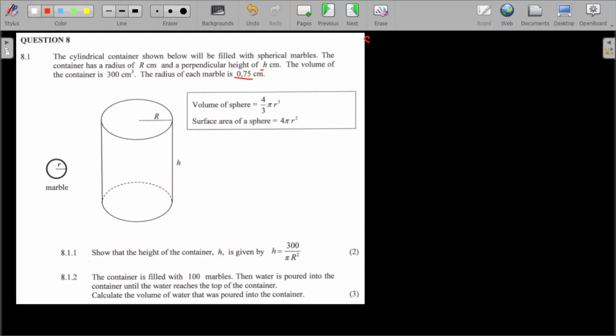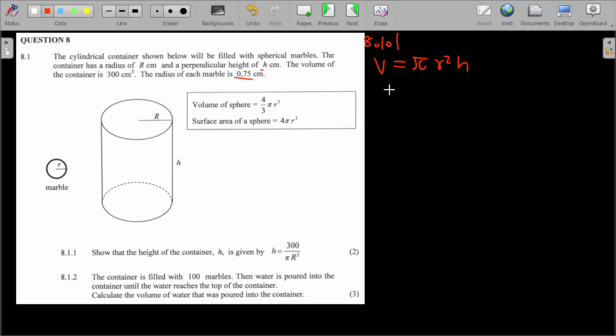So now 8.1.1, they're saying show that the height of the container is this. Now, how do we calculate the volume of the cylinder? It's very important. V is equal to pi r squared h.